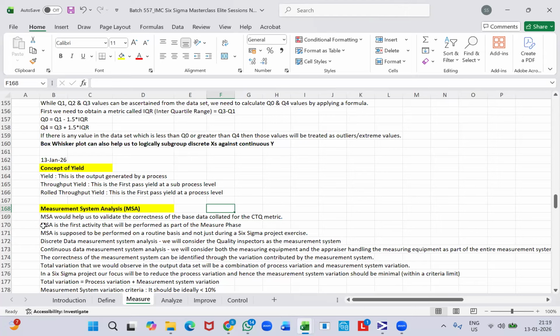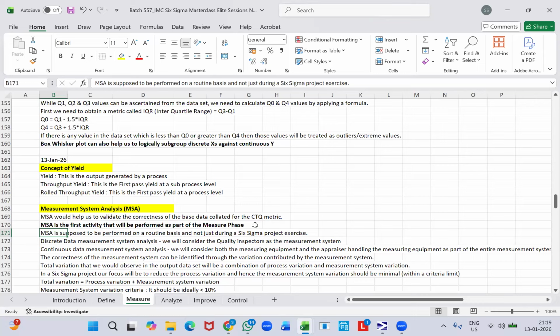In fact, measurement system analysis is the first activity that we will perform as part of the measure phase. So there can be a question on this. So which activity will be performed first as part of the measure phase? So you need to pick the option MSA from the multiple choice, right? So this will be the first activity that will be performed as part of the measure phase because it's important for us to validate the correctness of the base data that we have collated for the CTQ metric before proceeding with the advanced analysis, right?